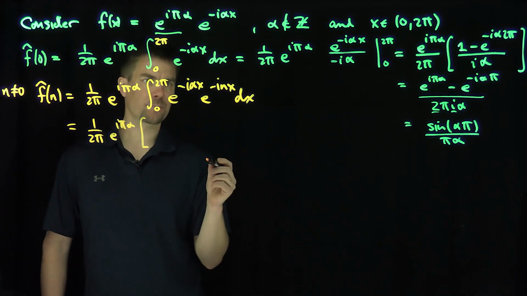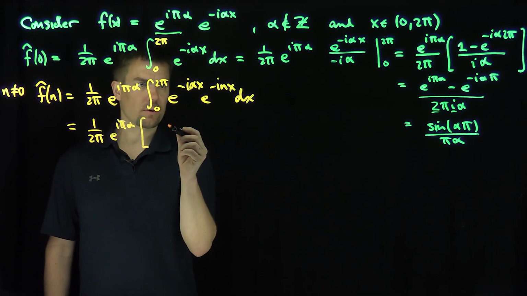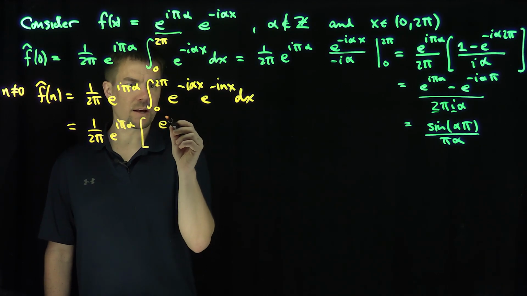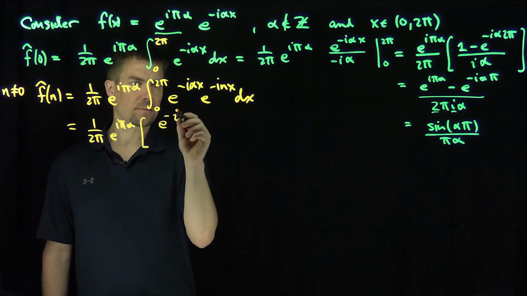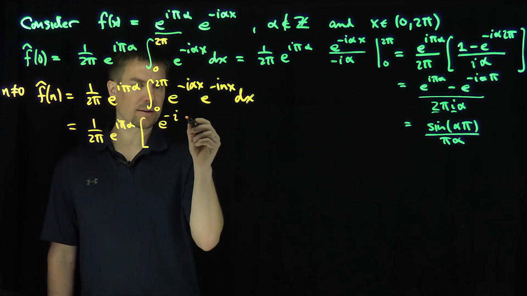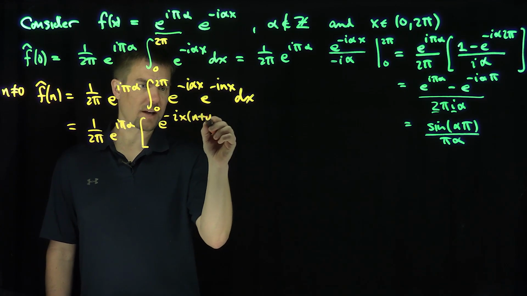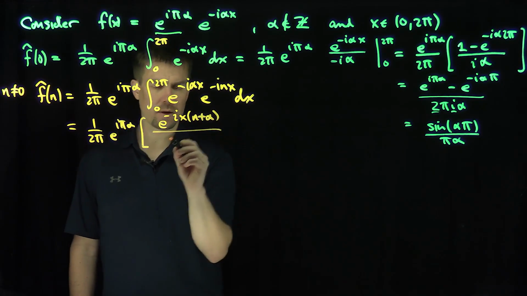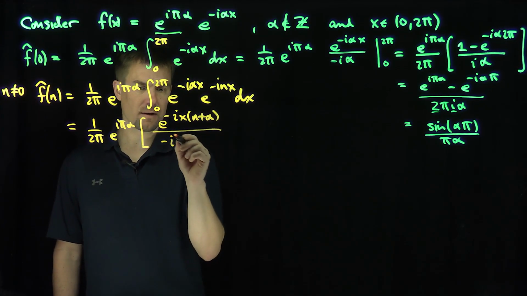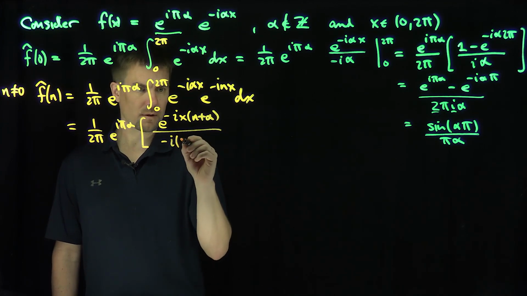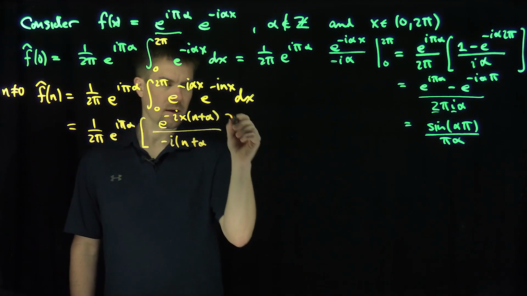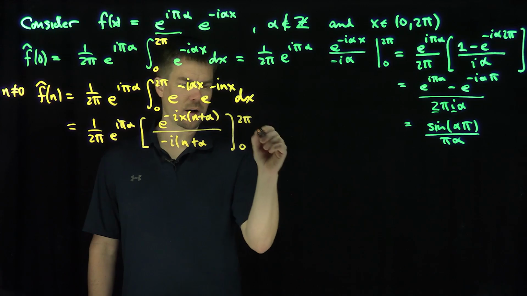And then I'm going to combine these exponents over here. So this is going to be an e to the negative i times (n plus alpha) x, over negative i (n plus alpha), and x goes between 0 and 2 pi over here.